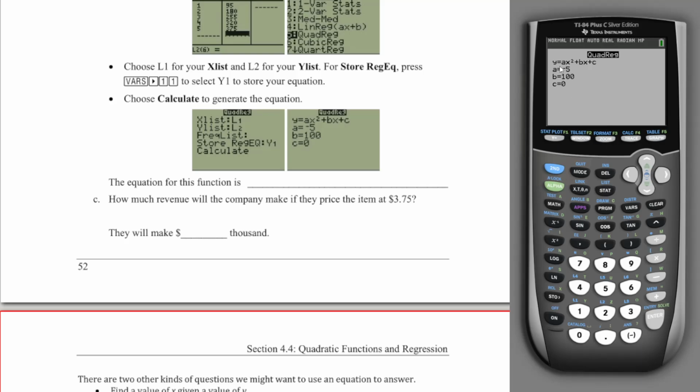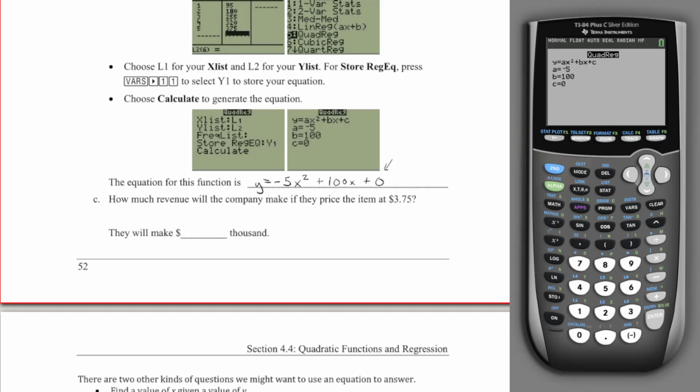So notice this is telling me the form ax squared plus bx plus c. So my a is negative 5. I'll have y equals, my a is negative 5, so negative 5x squared plus my b is 100, so 100x, and then my c is 0, plus 0.